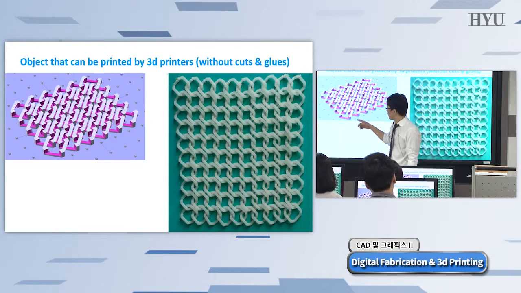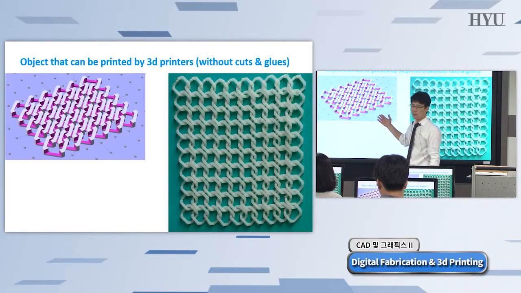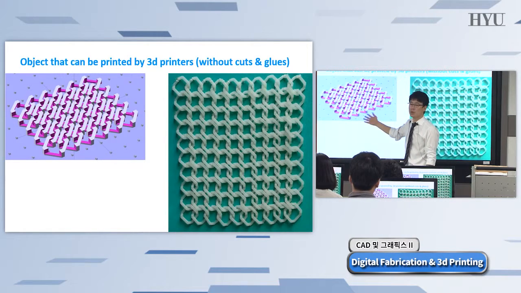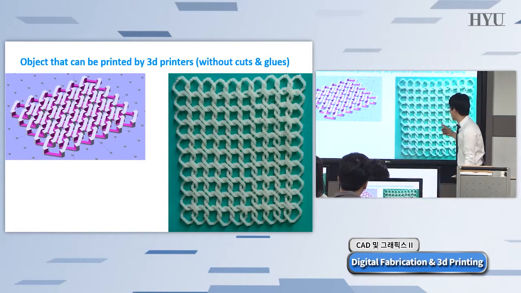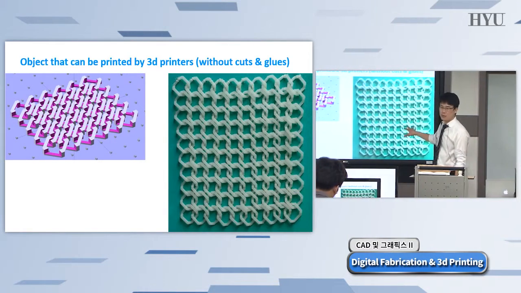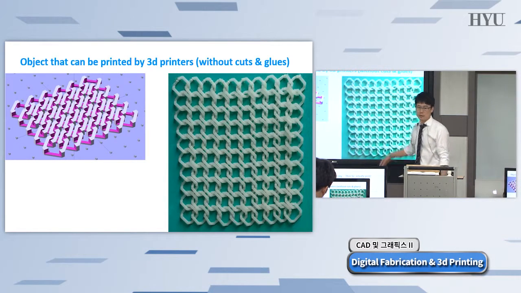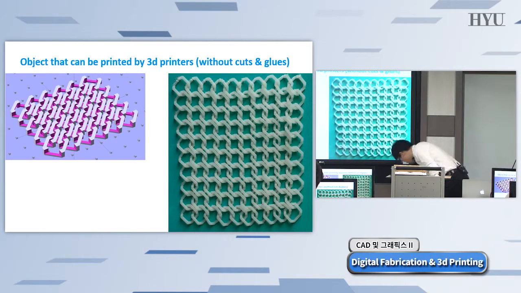But this is a single piece and another piece, and more other pieces, and no individual piece touches other pieces, okay? They are all disconnected. But actually they are going to be printed this way, and this one is very flexibly movable like this.